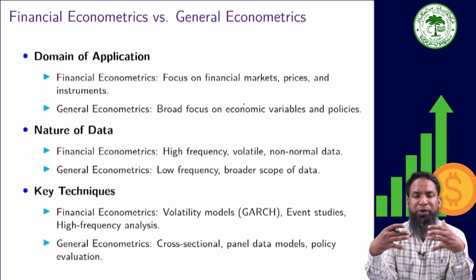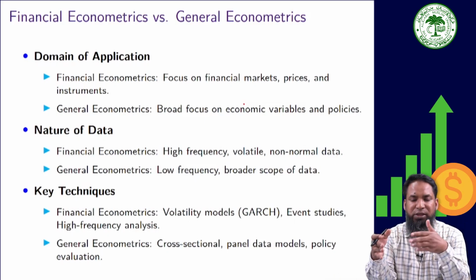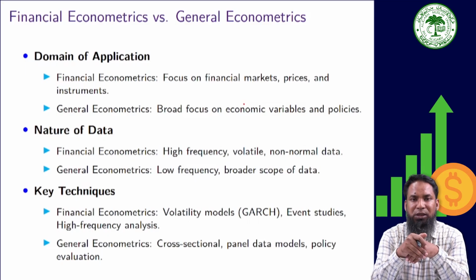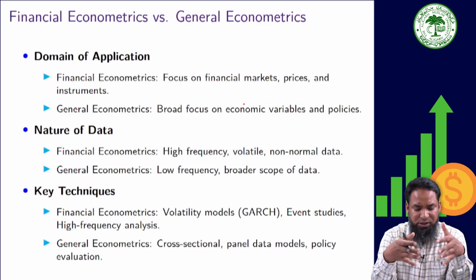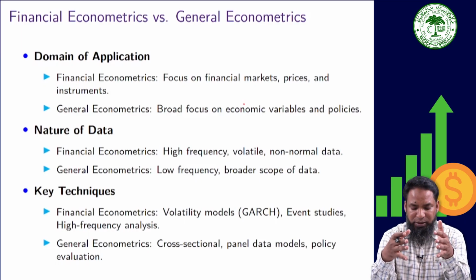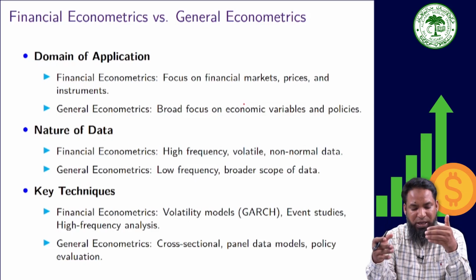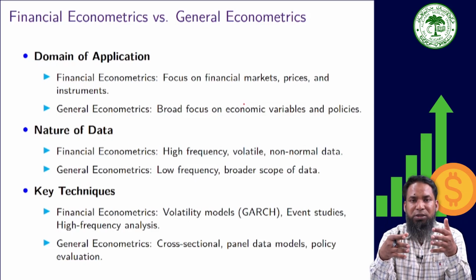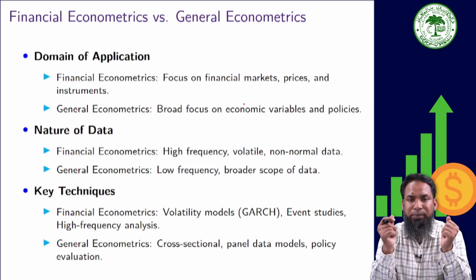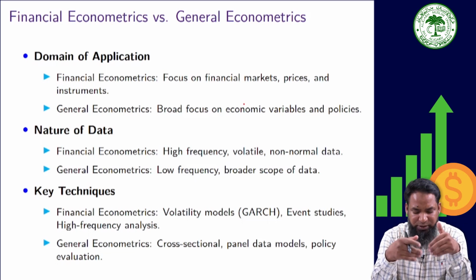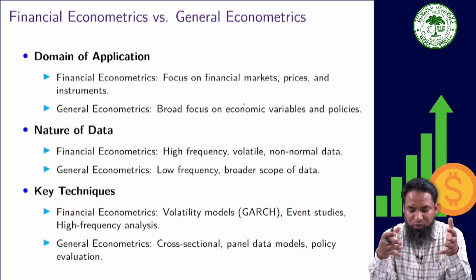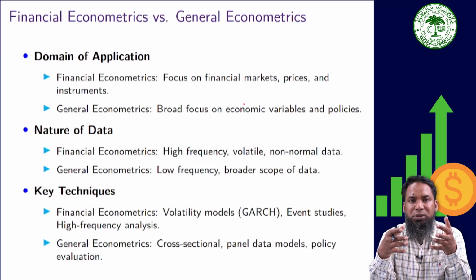If we want to compare financial econometrics and general econometrics on the basis of domain of application, we can observe that in financial econometrics the focus is primarily on financial markets, prices, and instruments, or the financial system. Whereas in general econometrics, the broad focus is on economic variables, policy making, and policy analysis.